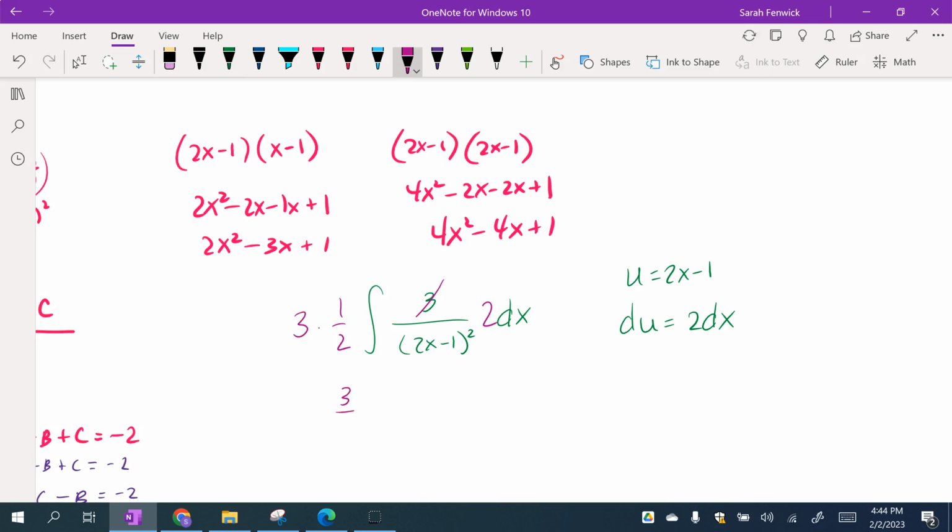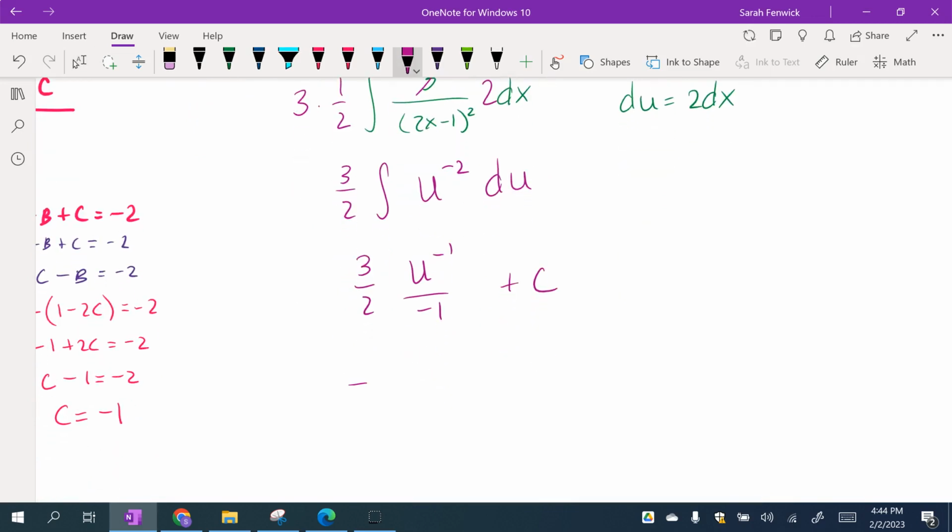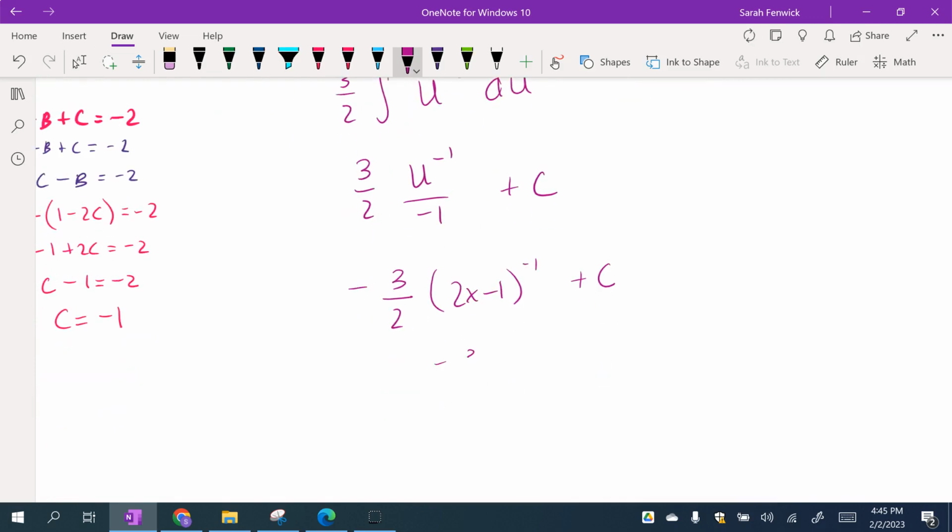So I'm going to rewrite this as 3/2 integral of u to the negative 2 du, which is going to be 3/2 u to the negative 1 over negative 1 plus c. That's going to be negative 3/2 times 2x minus 1 to the negative 1 plus c, which is negative 3 over 2 times 2x minus 1.